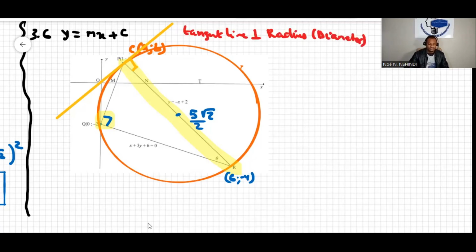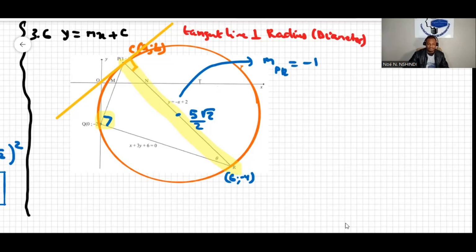Then this simply means, what is the equation of the diameter? Because the diameter or the radius is also given by this line, y equal to negative x plus 2. Over here we can see that the gradient of the line PR is -1.